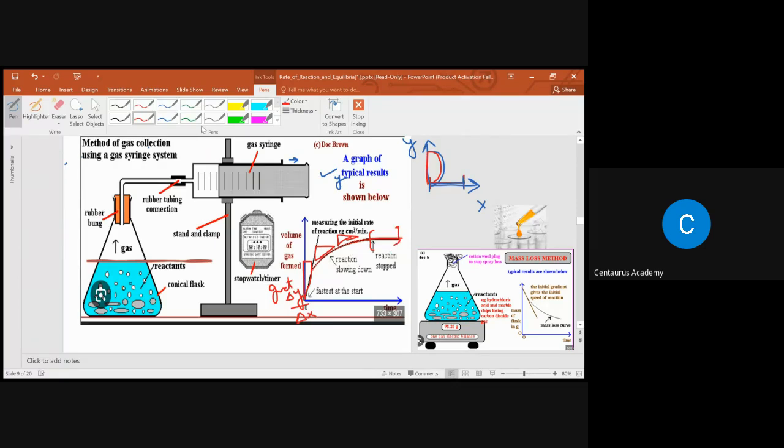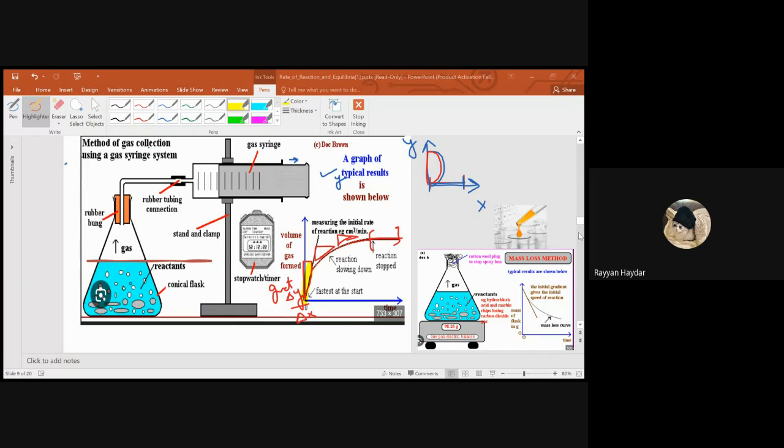This basically suggests that at first, what is happening? Why is the rate very fast? Why is the initial rate quite fast, as compared to when the reaction progresses? Can someone tell me? Yes, Ryan.